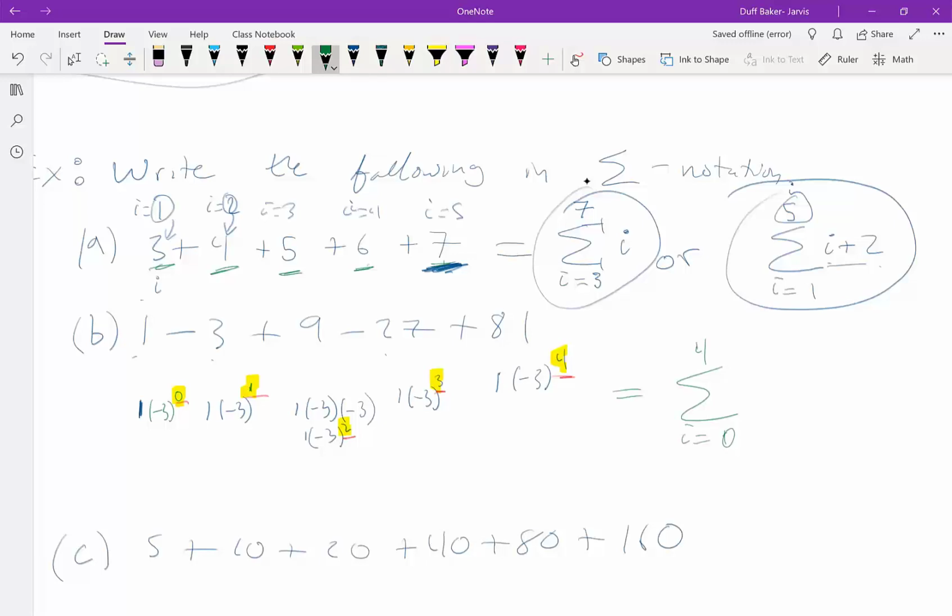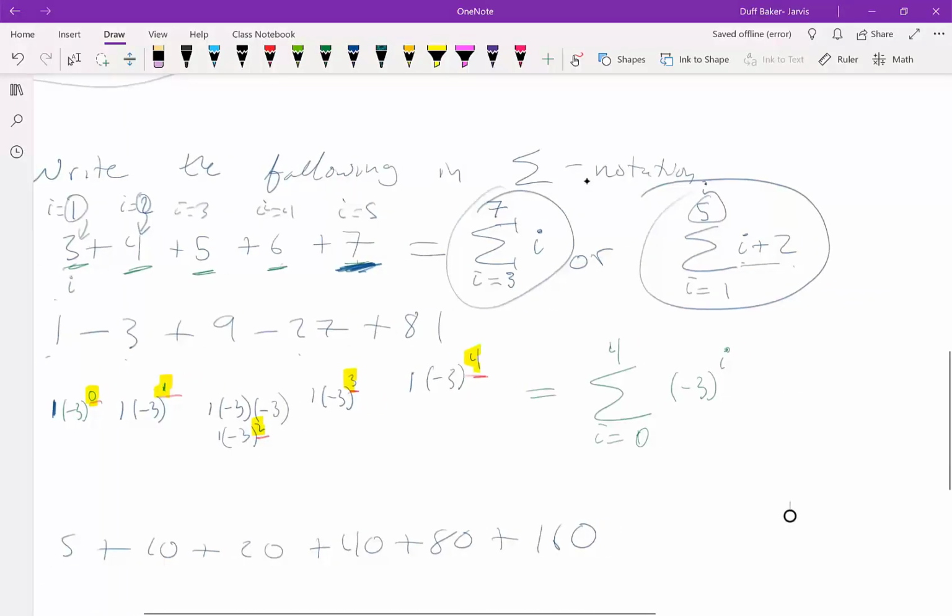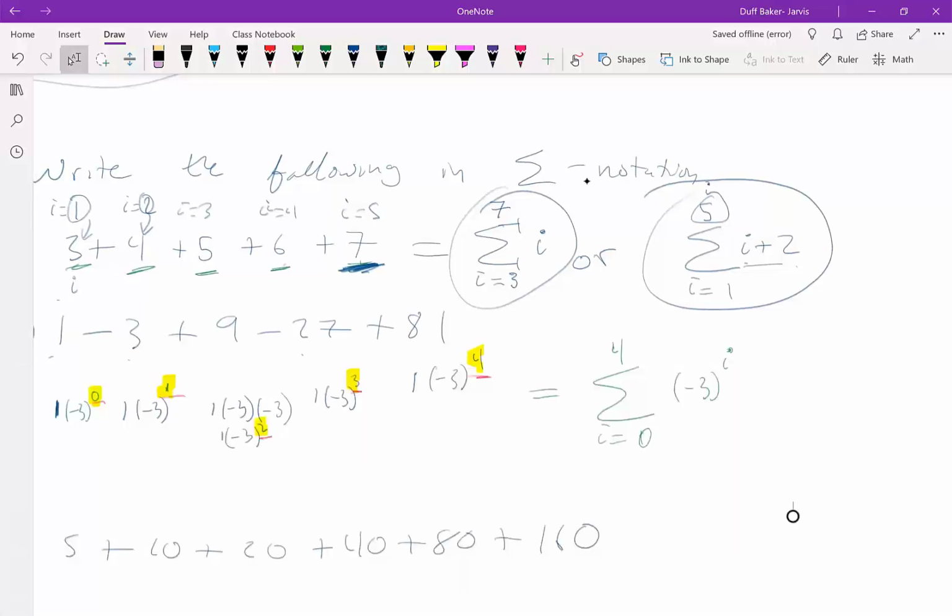And it would be 1 times minus 3 to the I, where we don't technically need the 1 at all. Right? And you could check this, right? If you plug in 0, this would be minus 3 to the 0, plus minus 3 to the first, plus minus 3 squared. Right? And that'll give you 1, minus 3, plus 9, and so on, right?